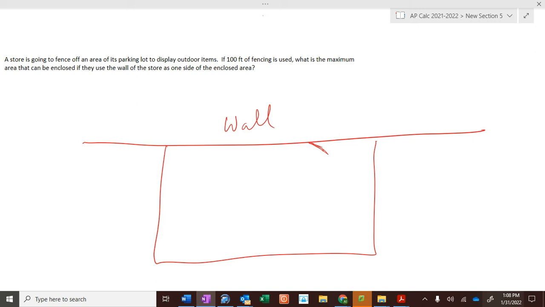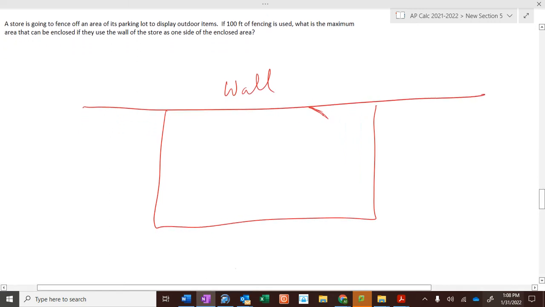Okay? So how do we figure this out? Well, what are we maximizing? The area.